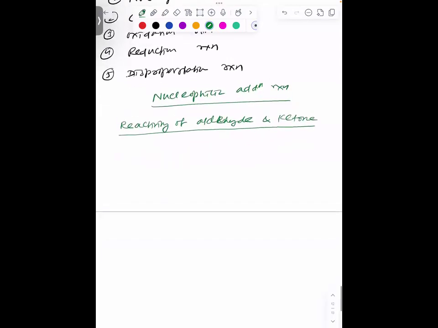Among the reactivity, first is formaldehyde, then other aldehydes, then ketone. So this is the order of reactivity. The most reactive among aldehyde and ketone is formaldehyde, then other aldehydes, then ketone.